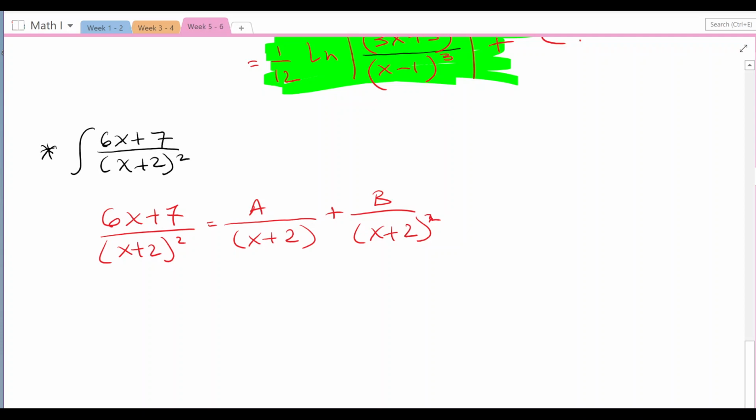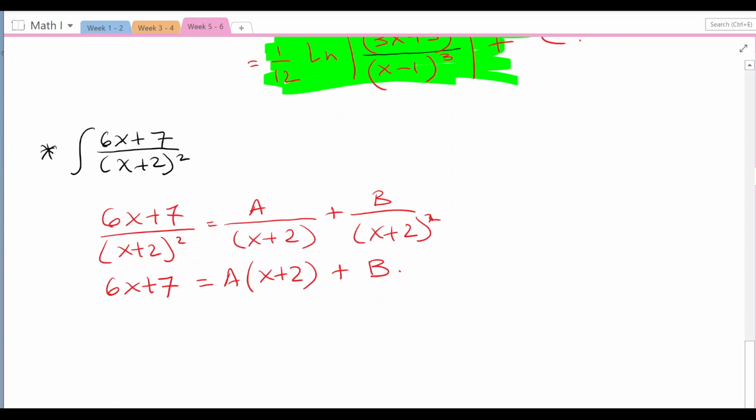Now we multiply both sides by x plus 2 squared, so we have 6x plus 7 equals, in this case a only multiplies with x plus 2, and then b is by itself after we multiply with x plus 2 squared.